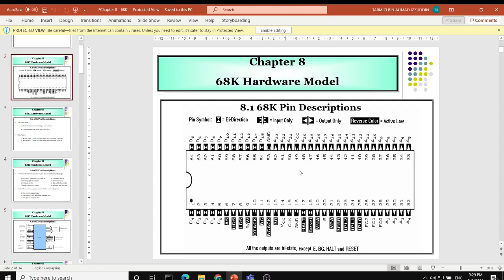For this part, I just want to highlight that the 68K has pins which are bidirectional and unidirectional. Unidirectional means they have only one direction. You can set it as an input or as an output only, and this is stated at the pin symbol over here.